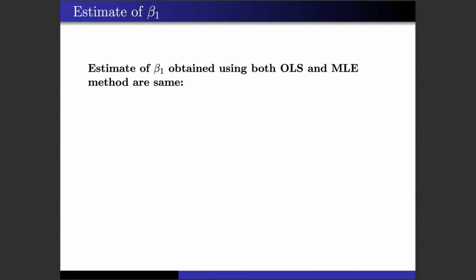Perfect. And if we look at an estimate of beta 1, we have that an estimate of beta 1 obtained using ordinary least square estimation method equals summation xi minus x bar times yi minus y bar divided by summation xi minus x bar whole square.